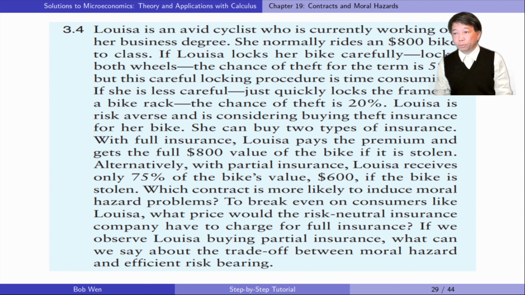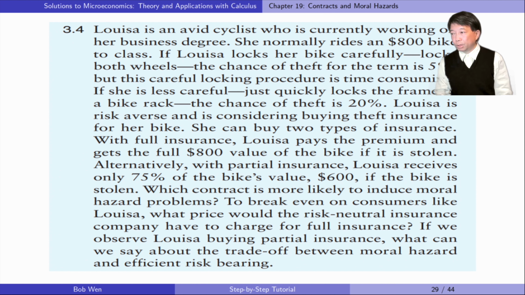Let's do exercise 3.4. If Louisa locks her bike carefully, the chance of theft is 5%. But this careful locking procedure is time-consuming. If she is less careful, the chance of theft is 20%. Louisa is risk-averse and is considering buying theft insurance for her bike.